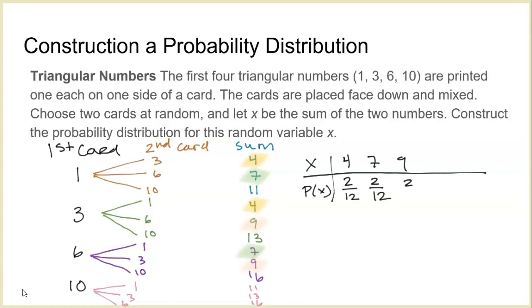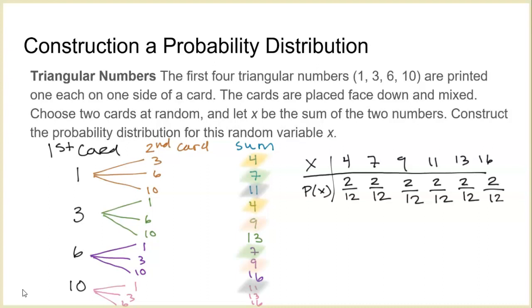I could get a sum of a 9, so that's also 2 out of 12. I can get a sum of 11, that's 2 out of 12. I can get a sum of 13, 2 out of 12, and then 16, 2 out of 12. So this is my probability distribution, and there's only 6 possible outcomes because of the duplicates or the repeats, but there's different ways to get those 6 outcomes represented by the probability.